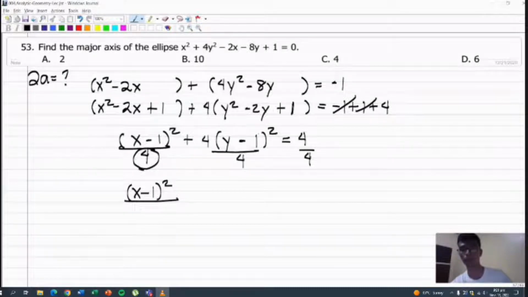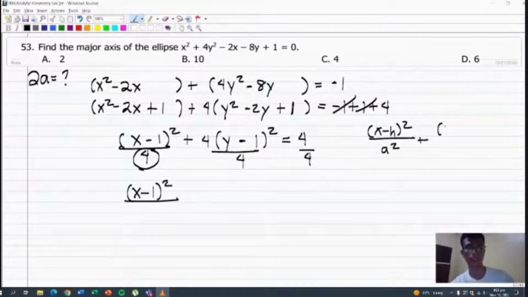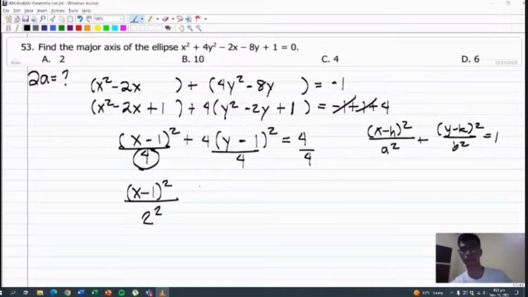Kasi di ba ang pattern natin is x minus h square over a square plus y minus k square over b square is equal to 1. So, yung 4 na to, this is also equal to 2 square. Plus, cancel na yung 4 dito.